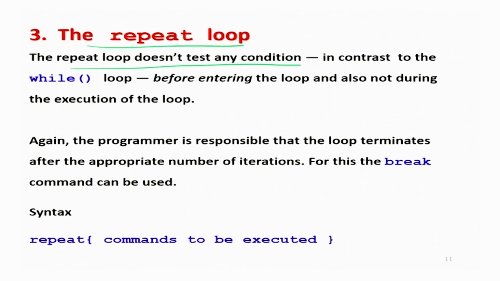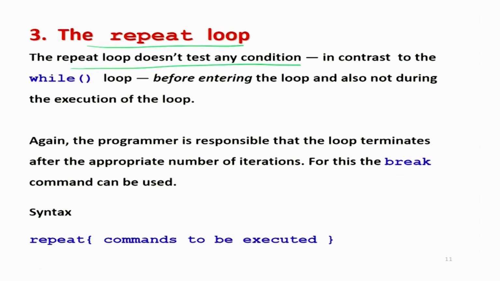It is dependent on the programmer, that how many times the commands have to be repeated. And in this case, we also do not know at which point of iteration the condition is going to be satisfied or not. So, what we try to do here, we simply close our eyes and ask the program to repeat.